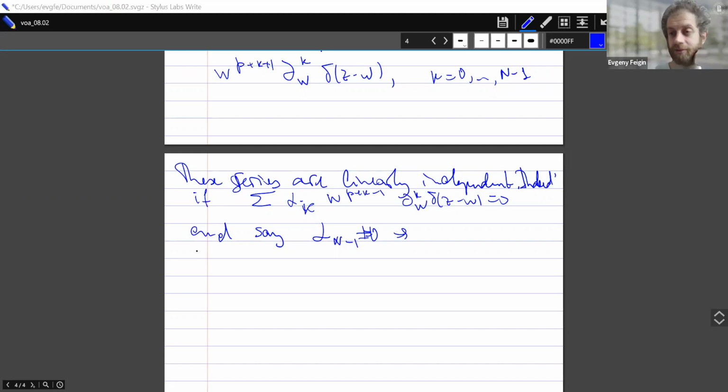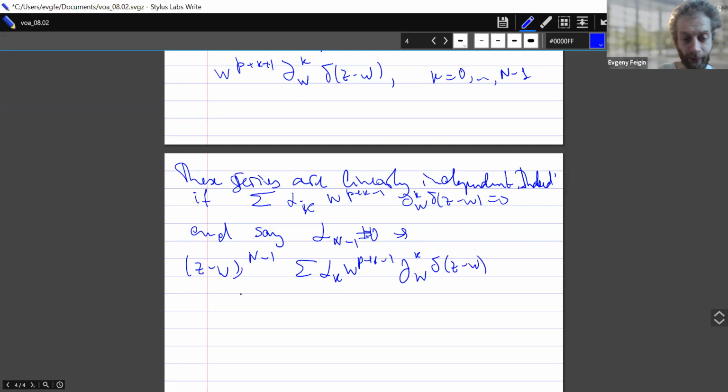Okay, so maybe I should say that then z minus w to the n minus 1 of the sum equals, so all the terms are killed, but alpha n minus 1 w to p plus n, and z minus w to the n minus 1, w to the n minus 1 delta.